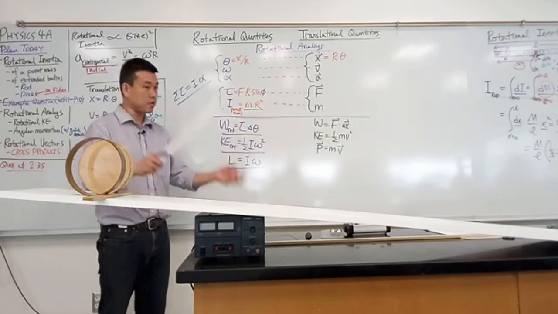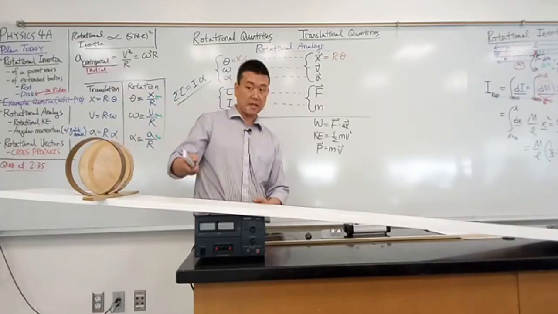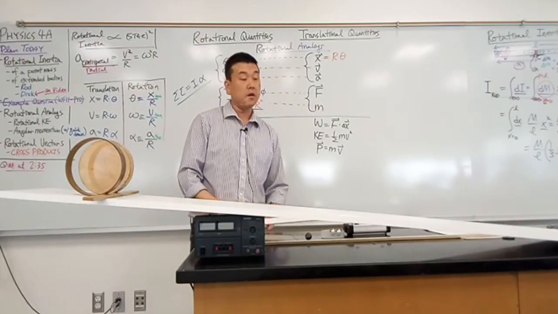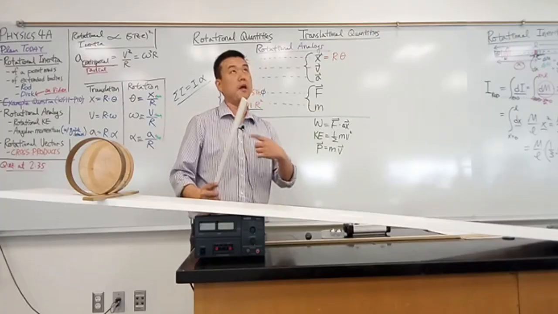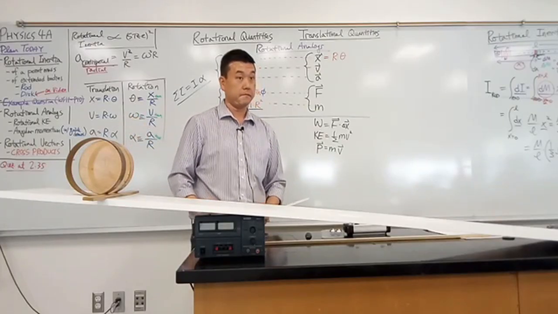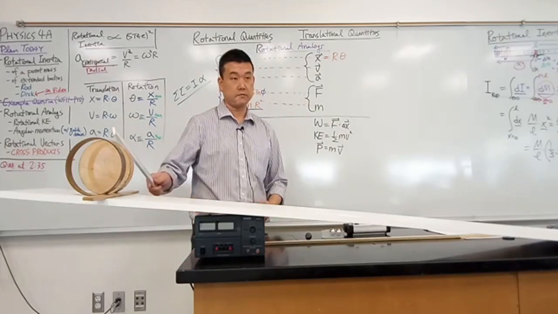So let me flip the question around. When you look at the translational kinetic energy of both of them, which one do you think will have greater translational kinetic energy between them? The disk, right?